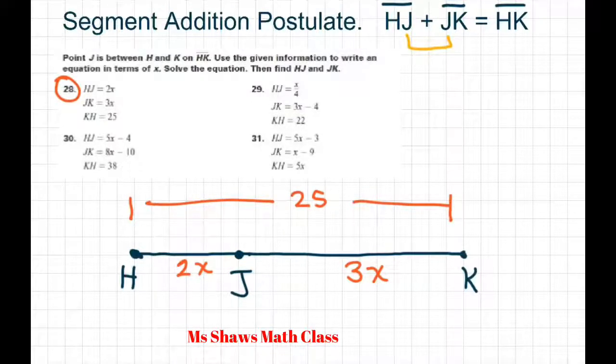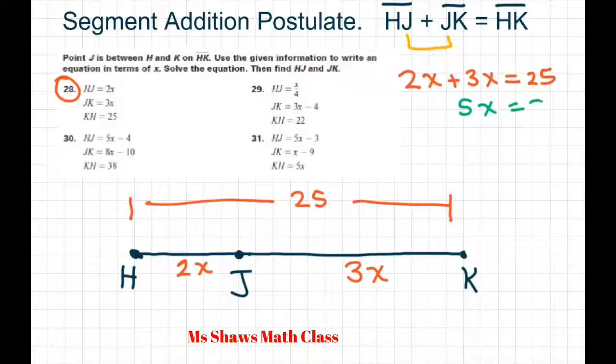So I'm going to use substitution and replace HJ with 2x, JK with 3x, and HK is 25. So we add like terms, we get 5x equals 25, divide both sides by 5, and you get x equals 5.